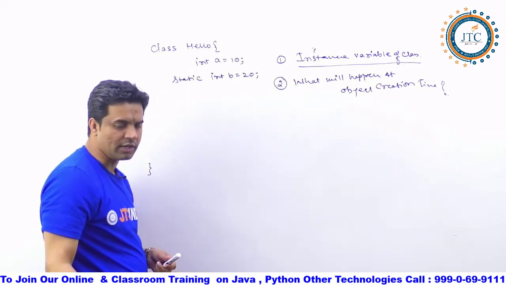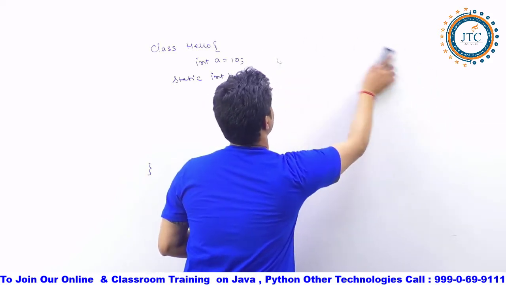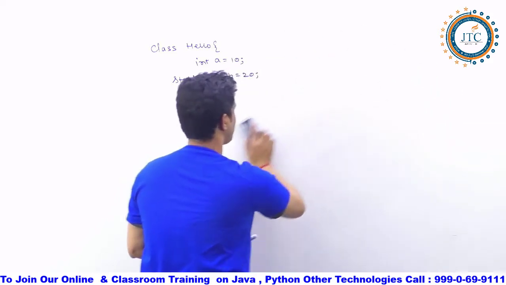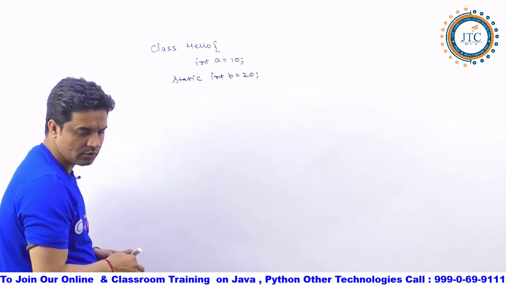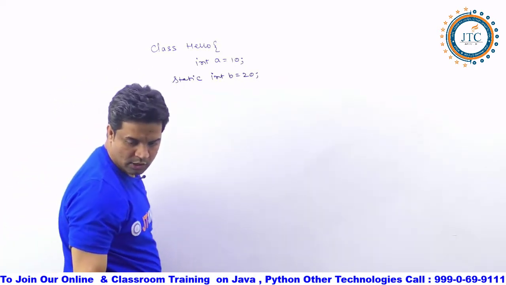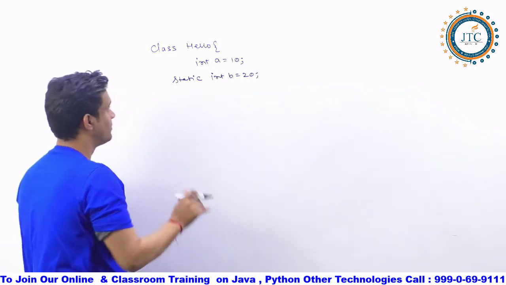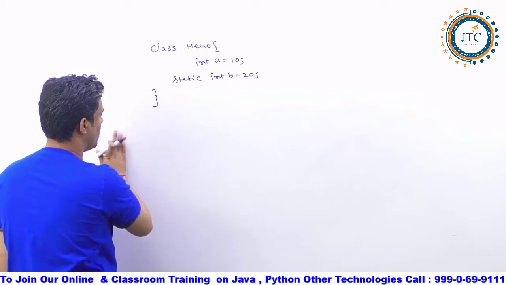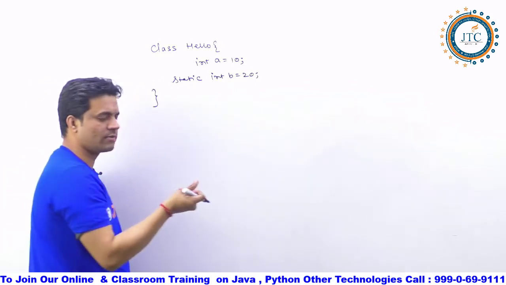Fine. So here you see one thing. If I am writing here, see, once again have a look. Hello Neeraj, Sonal, Ruchi, Diksha, Mani, Kunal. Here inside this, I am creating the object of a class.